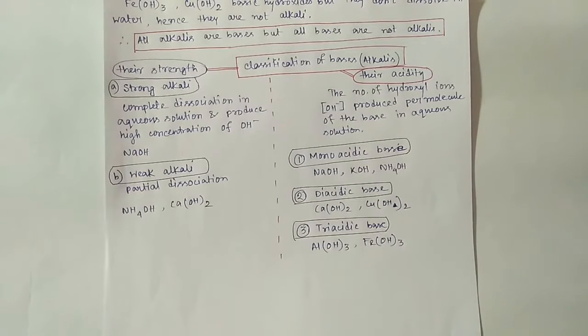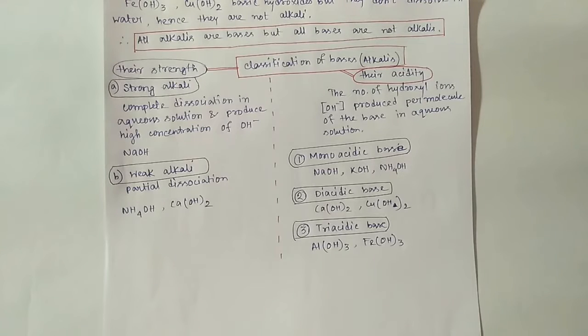Alkalis are those basic hydroxides which, when dissolved in water, produce hydroxyl ions as the only negatively charged ions. What is the difference between alkalis and basic hydroxides? All alkalis are bases, but all bases are not alkalis.